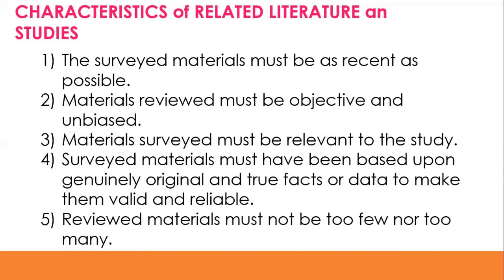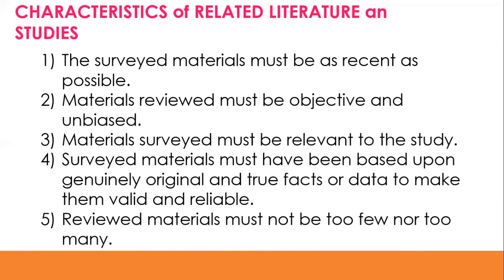And for number five, reviewed materials must not be too few nor too many. So what do we mean by this? When we say not too few nor too many, they must only be sufficient enough to give insight into the research problem or to indicate the nature of the present investigation.